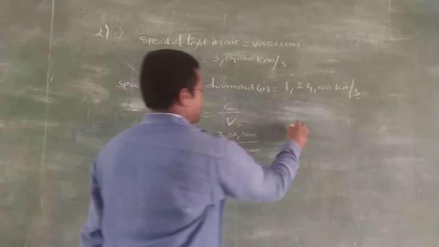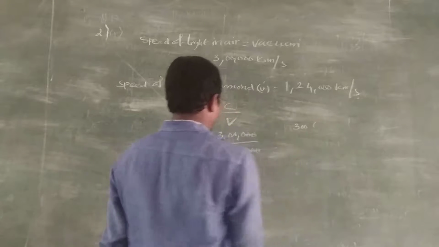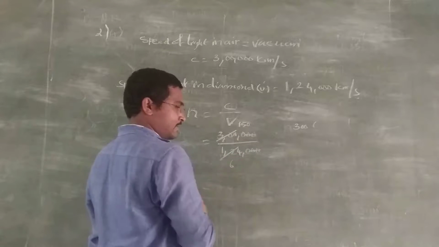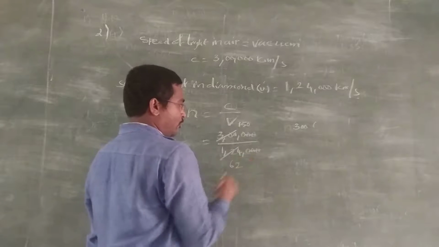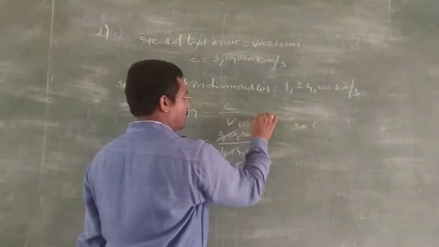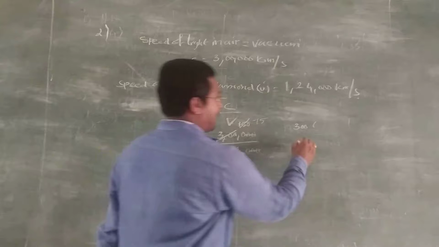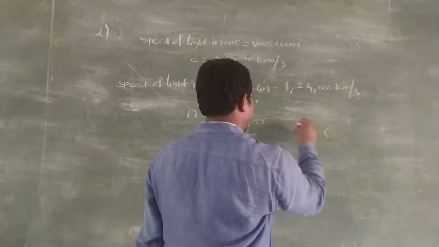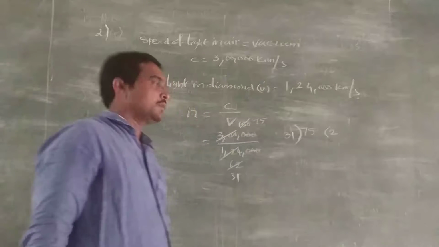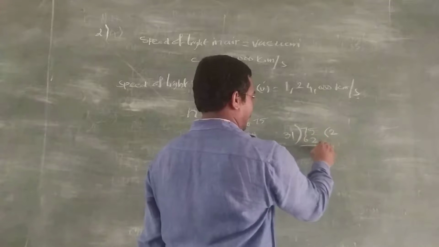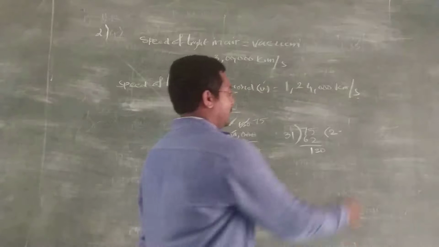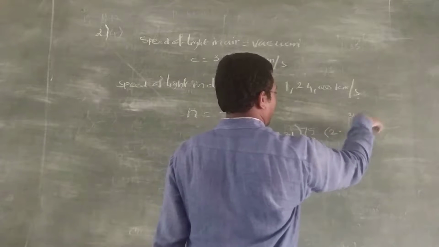See here, 300 divided by 124, simplify. 31 times 2 is 62, then keep the point here. 31 times 4 is 124.